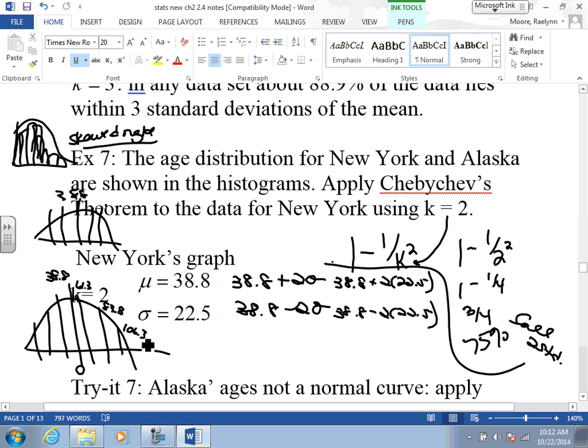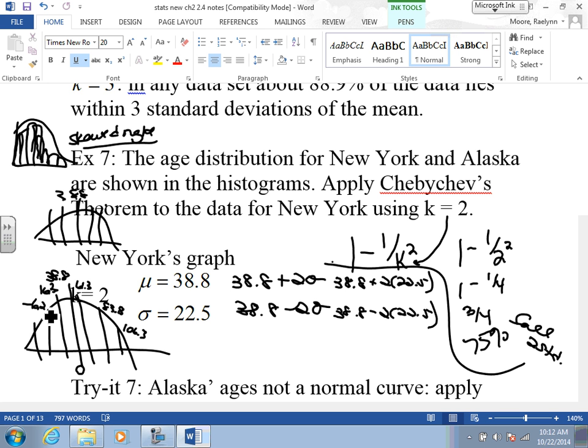Then we subtracted on the way down, right? So we started with 38.8. We subtracted 22.5. 16.3. Subtract again 22.5. And you get negative 6.2. Okay? So 75% of our data is falling 2 standard deviations away from the mean.